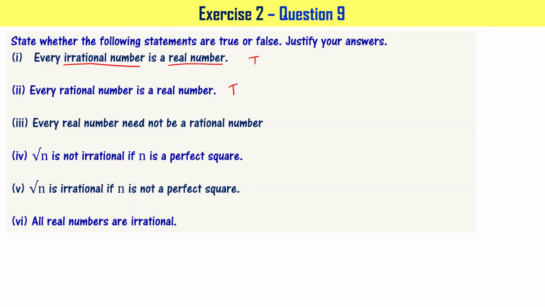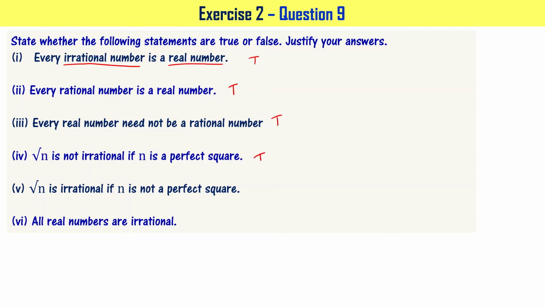So answer is true. The third part, every real number need not be a rational number. That is true because some of the real numbers are irrational numbers. Now, the fourth part is square root of n is not irrational if n is a perfect square. Answer is true.